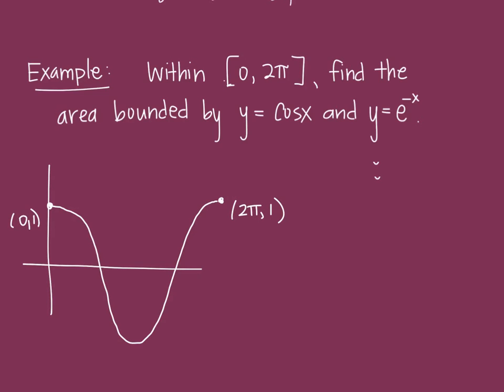Okay, that's the graph of cosine. The graph of e to the negative x comes down through quadrant 2. It intersects also at 0, 1. Okay, then comes down, but it stays above the x-axis.